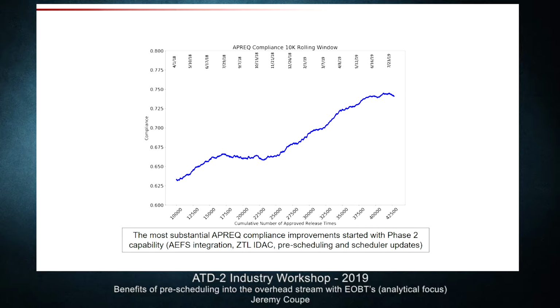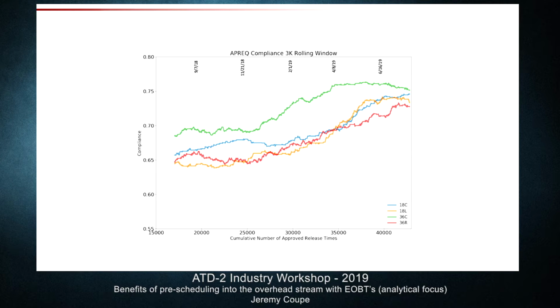So again, this is an aggregated view to look backwards at the last 10,000 APREQs and see what my compliance looks like. Well, you could say that's great, but that's at the airport level. I'm a flight taking off runway 36 center. What's different for my flight versus another aircraft taking off on runway 36R, or vice versa in a different flow?